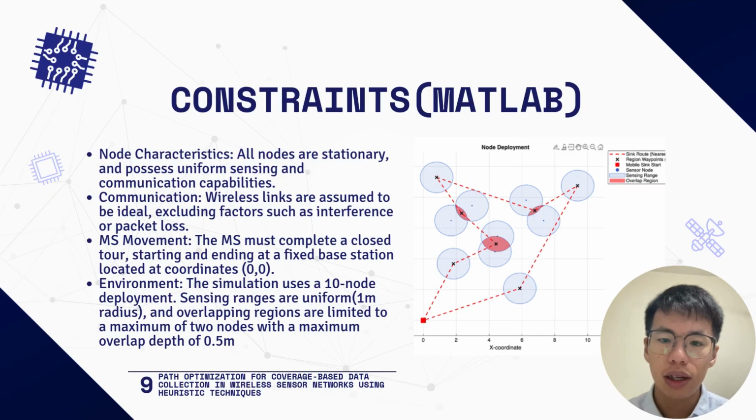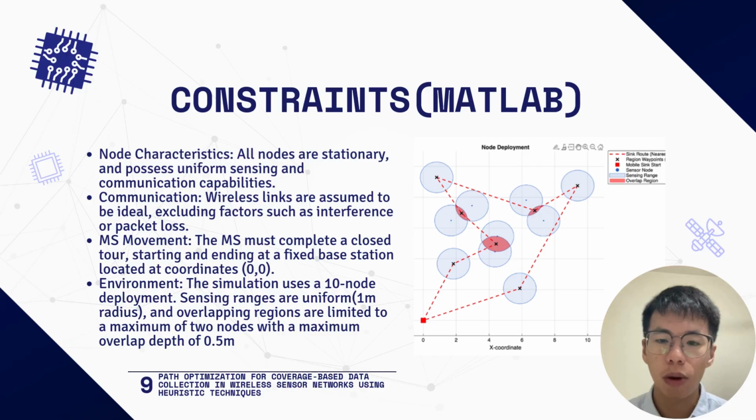In this study, the following constraints and parameters are established. First, all nodes are stationary and possess uniform sensing and communication capabilities. Secondly, wireless links are assumed to be ideal, excluding factors such as interference or packet loss.